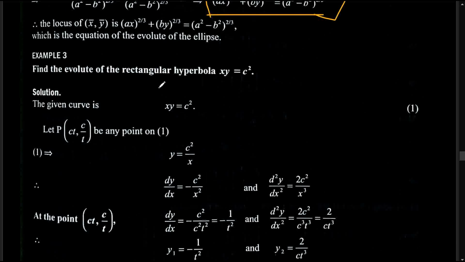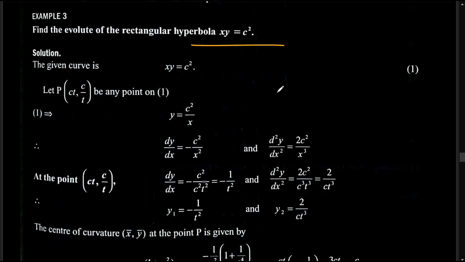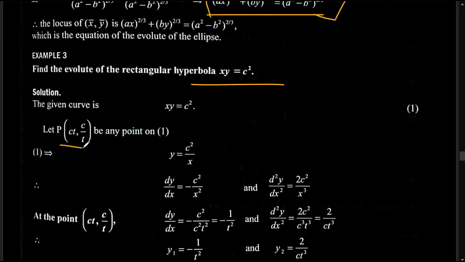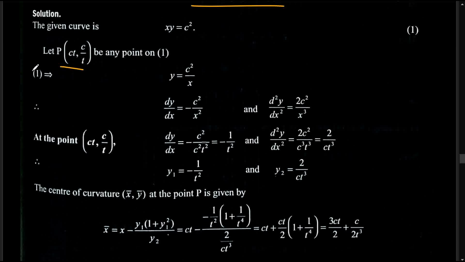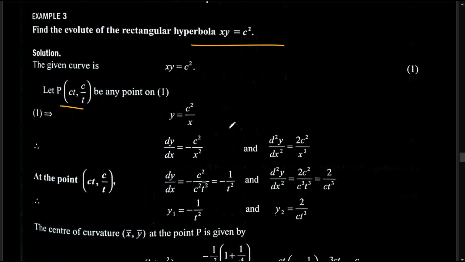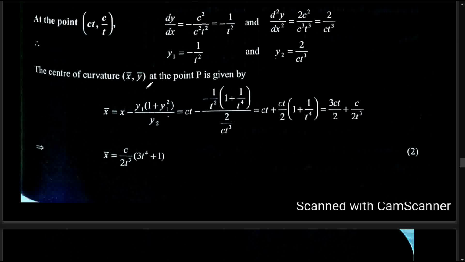Find the evolute of a rectangular hyperbola. This is a rectangular hyperbola. So for this, let us take this as an arbitrary point. And now as usual, differentiate with respect to x, then you get y1 and y2, and now put the points.